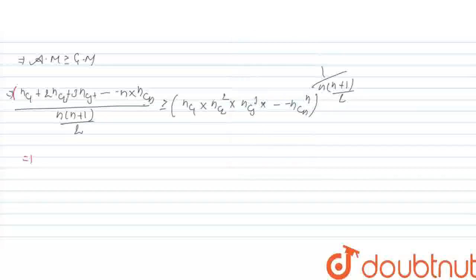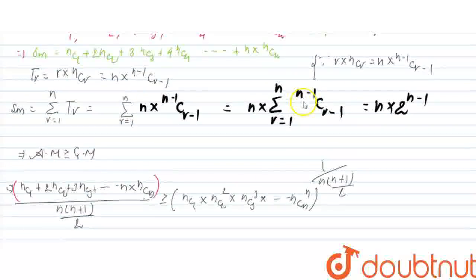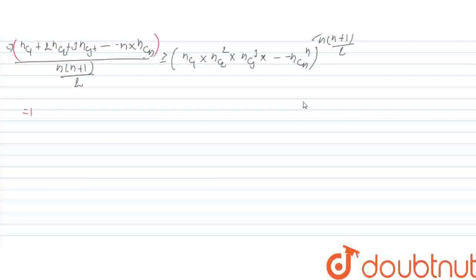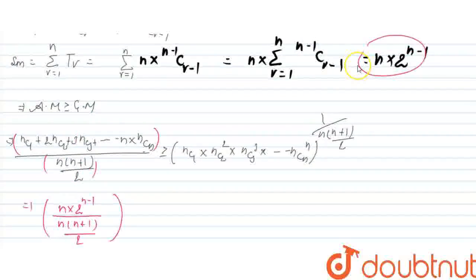Because we have already found the summation of these, n into 2 to the power n minus 1, I can write n into 2 to the power n minus 1 divided by n into (n plus 1) divided by 2, whole power, because I can send this power to this side.